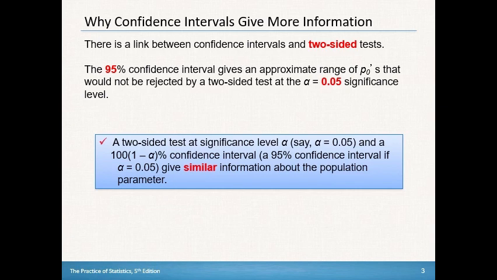Now, they're not exactly the same, because for a confidence interval we don't have a claimed value, so we don't have a hypothesized value of p. We use p hat in the calculations. When we do a significance test, what do we use in our calculations? Well, we use the hypothesized value. We assume the sampling distribution is centered on that hypothesized value. So they give similar information and a similar range of values, but not exactly the same.